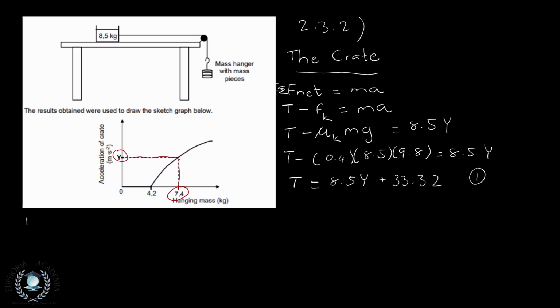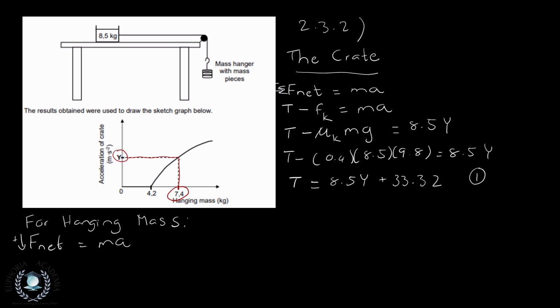All right, now for the hanging mass, so I'm going to write hanging mass. I was going to write hangman, but it's not that type of show. So we still have our sum of forces. Our F net is still equal to ma. We have movement, our acceleration is not 0, and we're going to take downward still as positive.